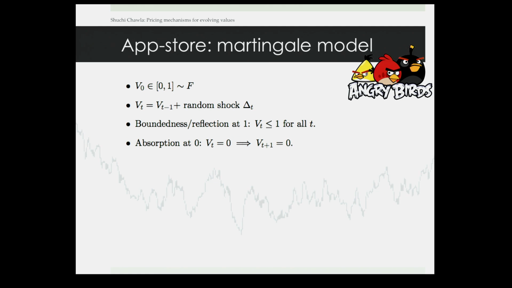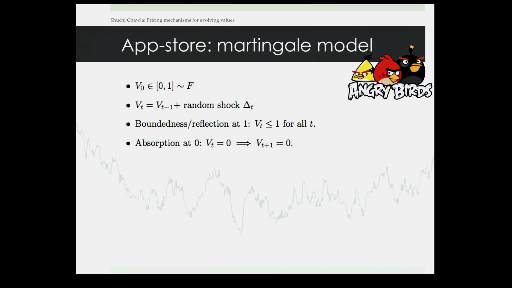Now let me say a few words about the specific model. So again, this is the App Store setting. The buyer is going to buy an app to use and then use it for some amount of time. We'll assume that there's some distribution for the buyer's initial value, and the value is always bounded within some range.